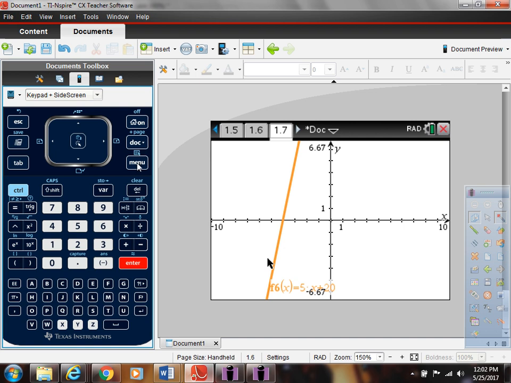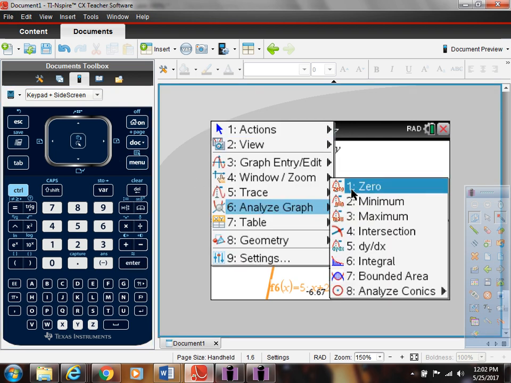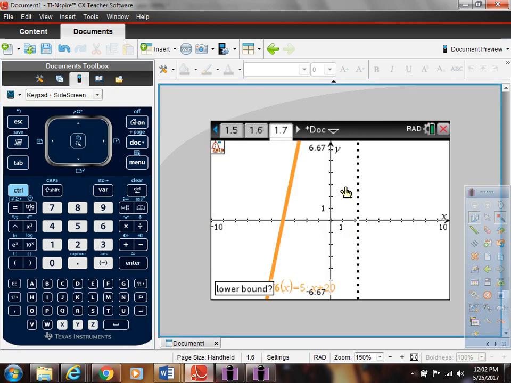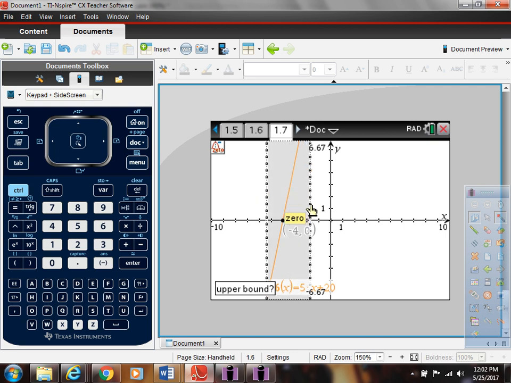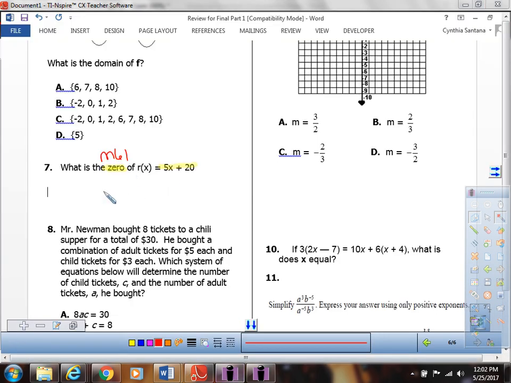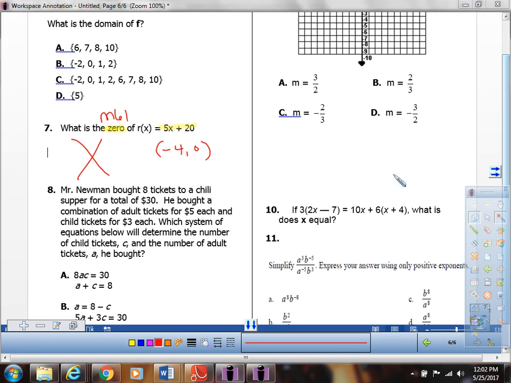And then just go to menu 6, 1. There's the word 0. It even says 0 on the calculator. And then there's your answer. So -4, 0. So let's write it in. I know the answers that you have, just cross them out. They're wrong. And then right here on the side, just put -4, 0. Okay? It's very simple so far. So if they say 0, menu 6, 1.